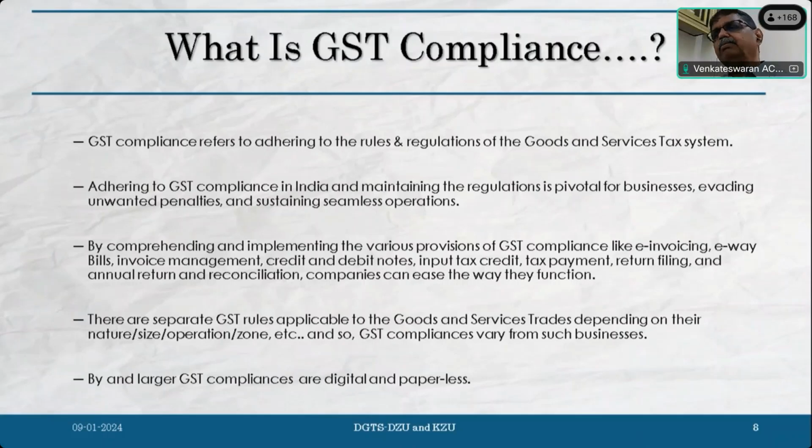So there are different types of organizations, and in organization size we have the MSME sector up to the large sector. Each sector has a different set of protocols to comply with the GST provisions. By and large, it is digital.